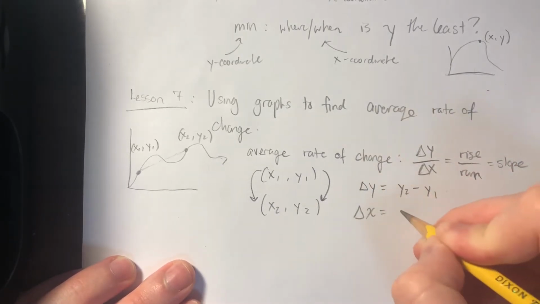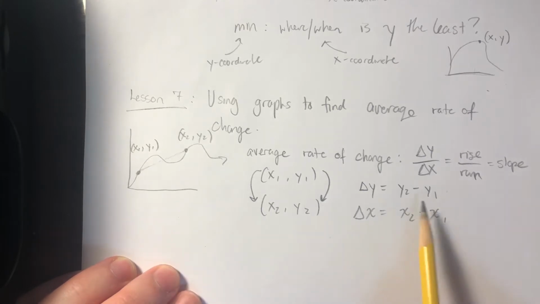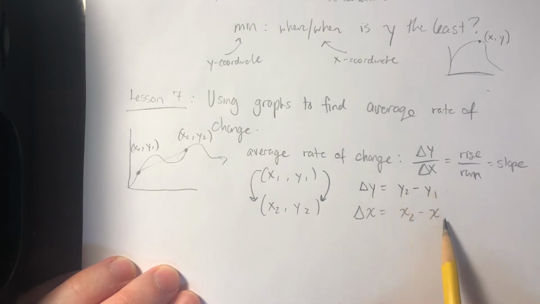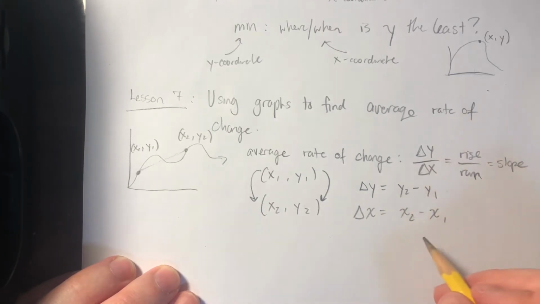Change in x, we could see x2 minus x1. If you're going to use this method, I really have not used it, but I've seen many of you use it on tests and exams. It's very important that you keep the second coordinate first and then the first coordinate after that. I guess you could technically also do y1 minus y2, x1 minus x2, but this is normally how it's written.